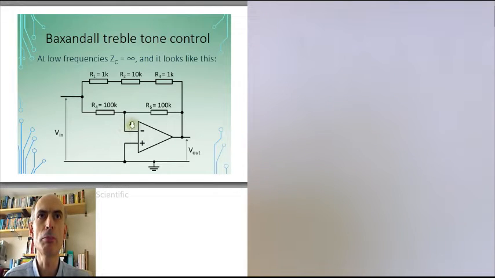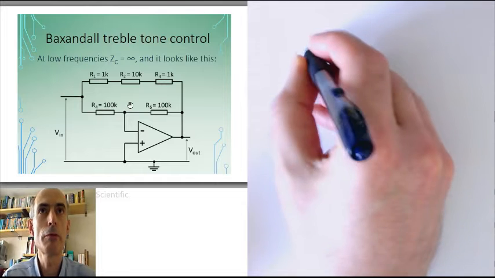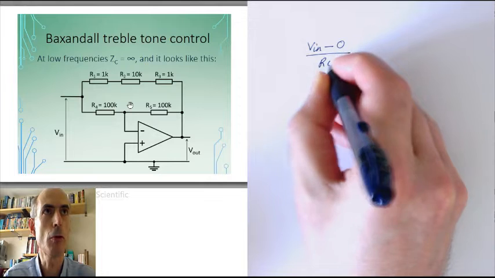Well, if the inverting input is at 0 volts, then this point in the circuit here must be at 0 volts, which means that the current through R4 will be given by Vin minus 0 over R4.